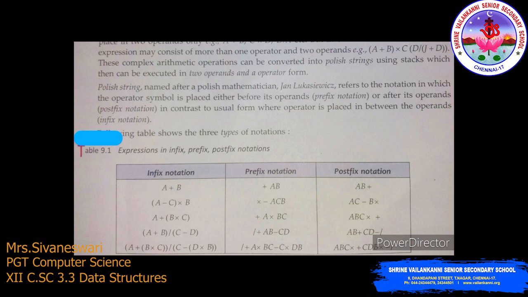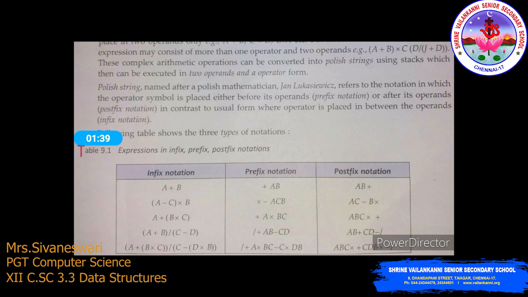This Polish string, named after the Polish mathematician Jan Lukasiewicz, refers to the notation in which the operator symbol is placed either before its operands, or after its operands, or in between the operands.